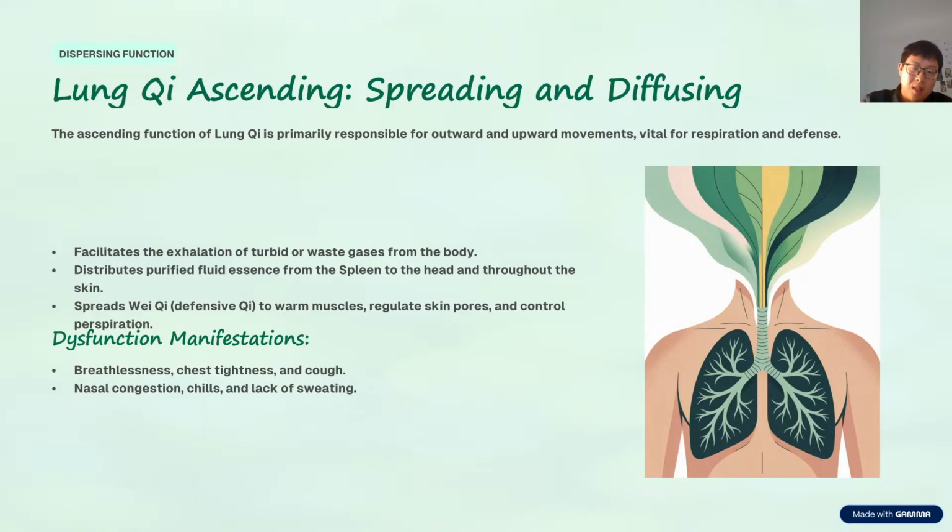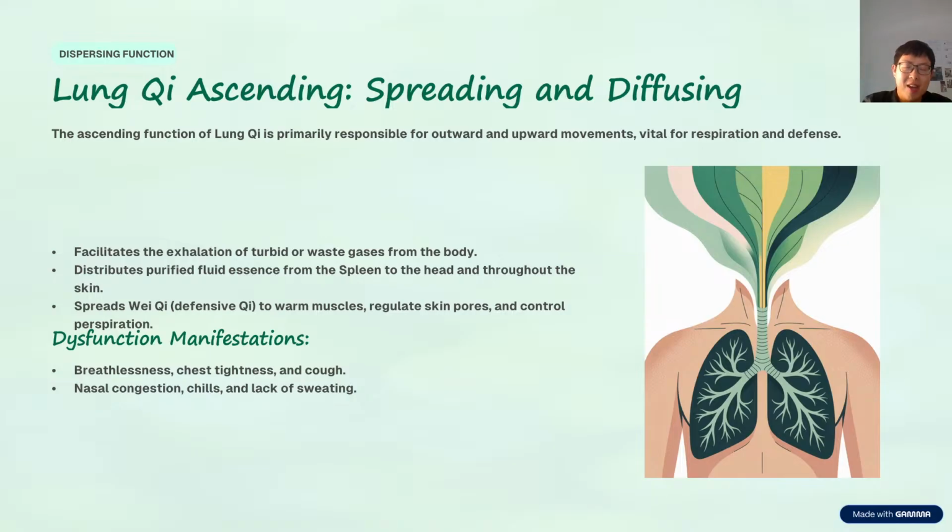Third, it also spreads defensive energy to regulate sweating and protect the body. The protecting energy in Chinese medicine is Wei Qi, also known as the defensive energy.